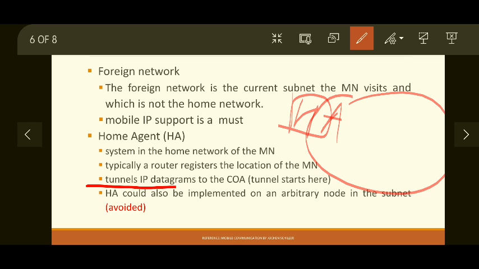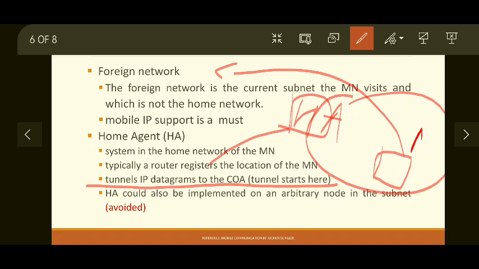What's the meaning of this statement? That we will see during the IP packet delivery. So whenever you change a location, whatever packets are sent to you, suppose this is the receiver node, the packets are coming.